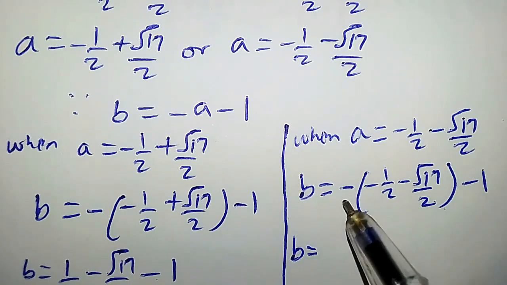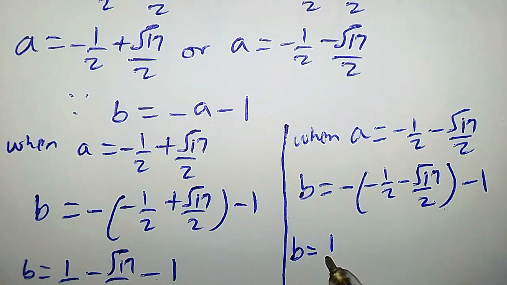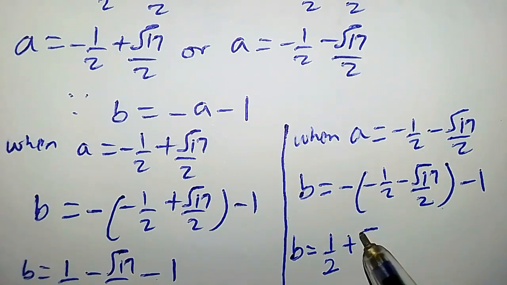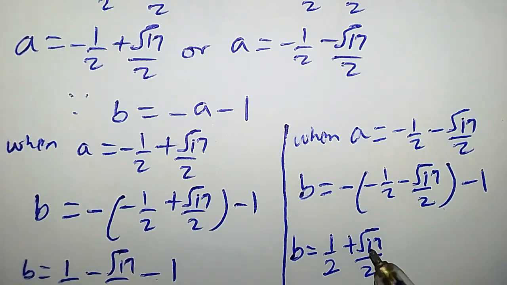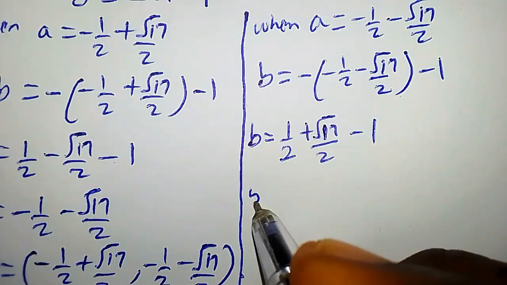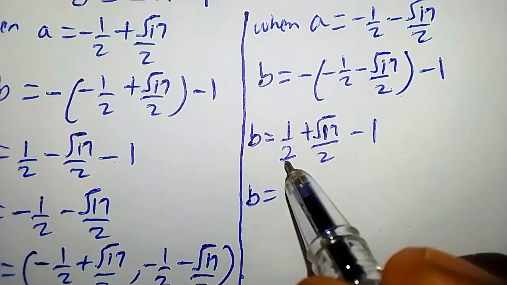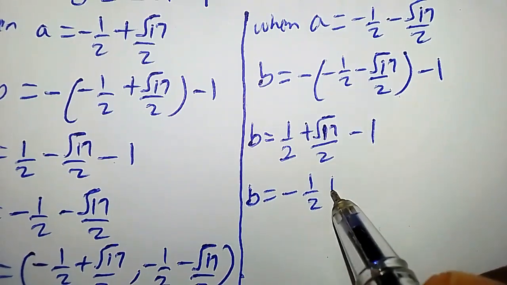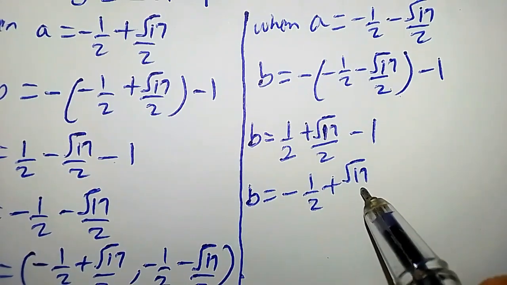B equal to minus times minus half, that is 1 over 2, minus times minus, that is plus square root of 17 over 2. B equal to 1 over 2 minus 1, that is minus 1 over 2 plus square root of 17 over 2.